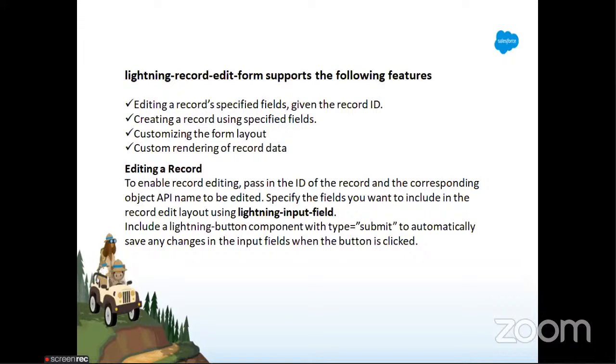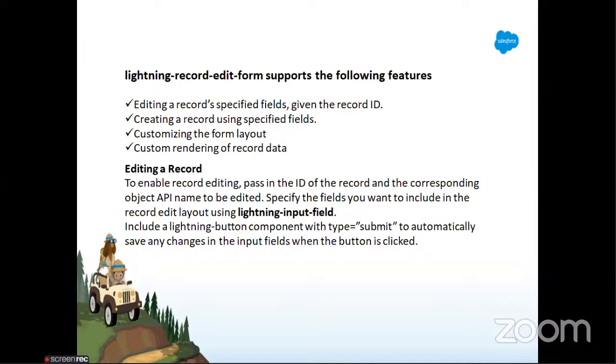So when we talk about editing a record, to enable editing, we simply need to pass an ID of the record and the corresponding object API name, right? If we have an ID and the ID belongs to accounts, we need to provide both. And you need to specify the fields that you want to include in the record edit layout, right?